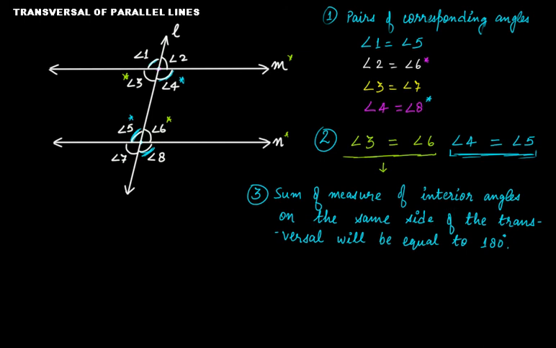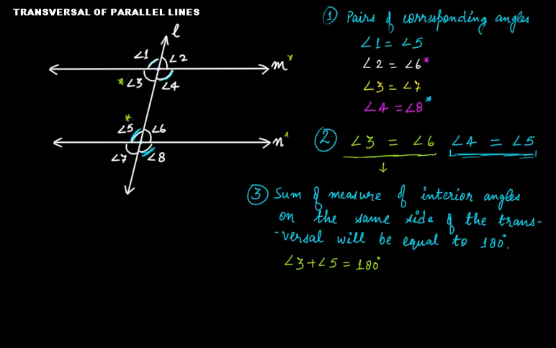So first let me move this one. On the same side of the transversal are angle 3 and angle 5. According to this property, angle 3 plus angle 5 should be equal to 180 degrees.